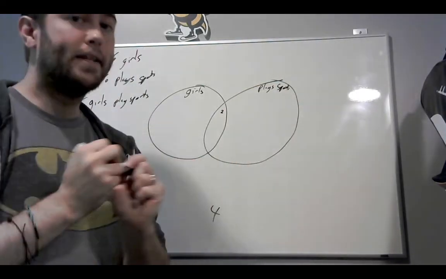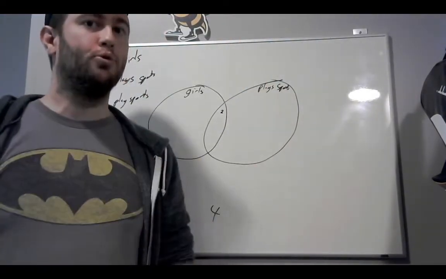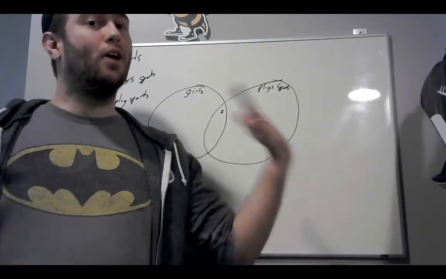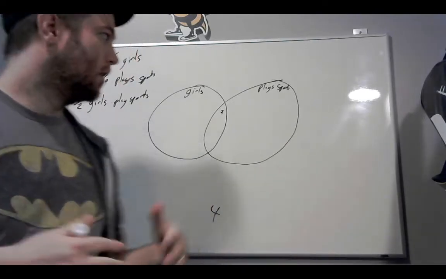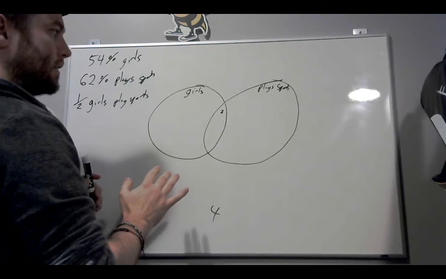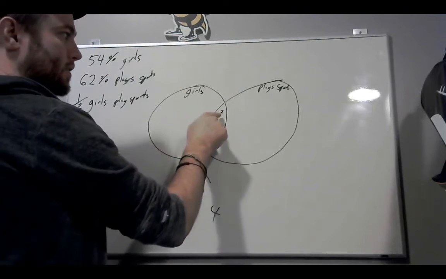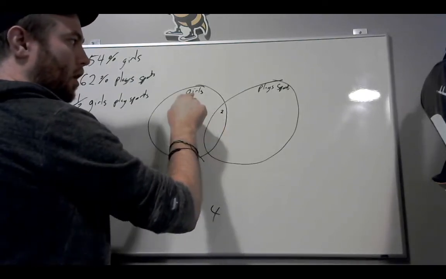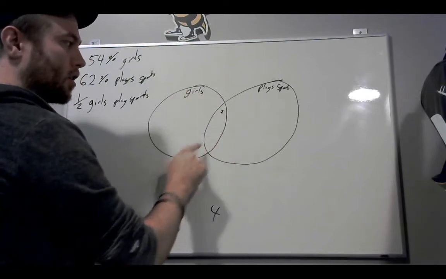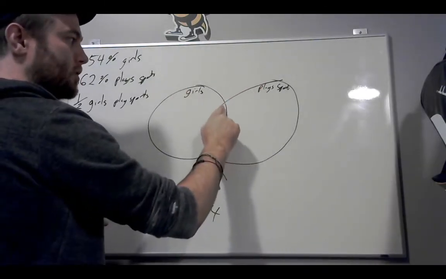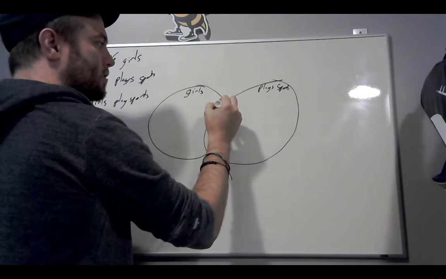Anything inside of the circle is a true statement. Anything outside of the circle is the opposite. So this 2 right here is contained in girls and contained in play sports. So this is girls who play sports.